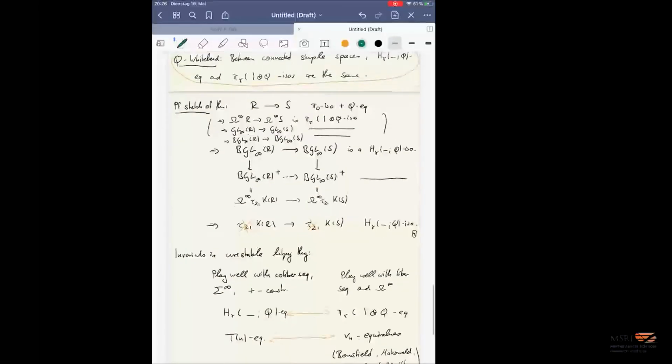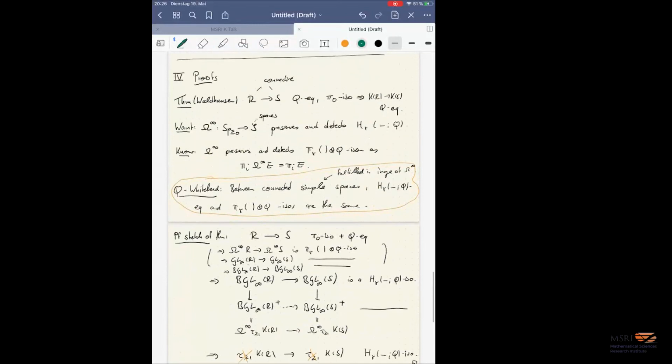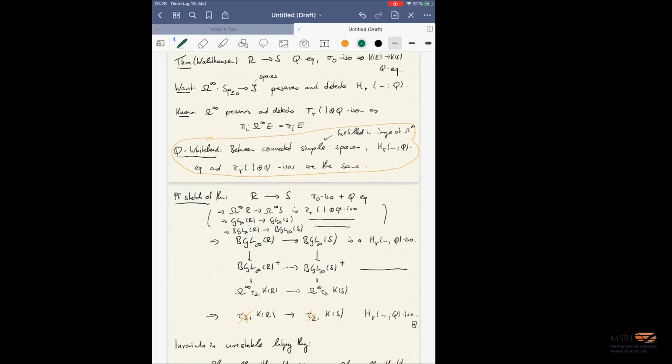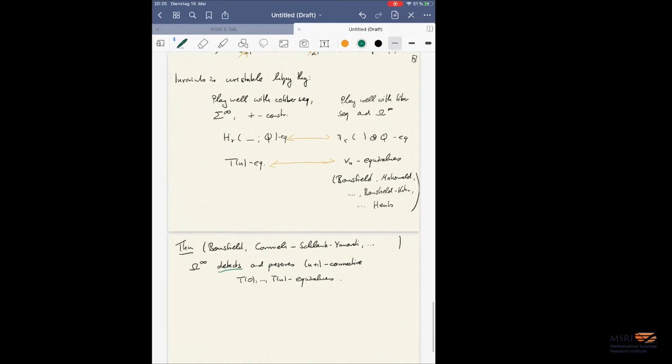And if you look at the proof sketch I gave for Waldhausen's theorem, you might already think, okay, it's not really special about rational homology. If any other homology theory plays equally well with omega infinity, I can just do the same proof. And this is essentially what we do.